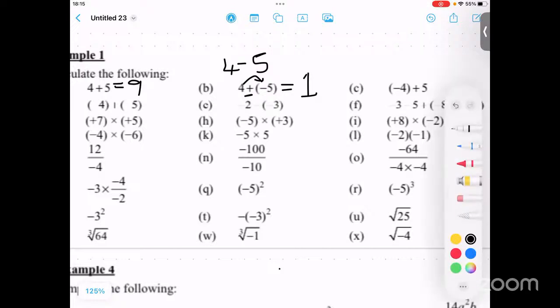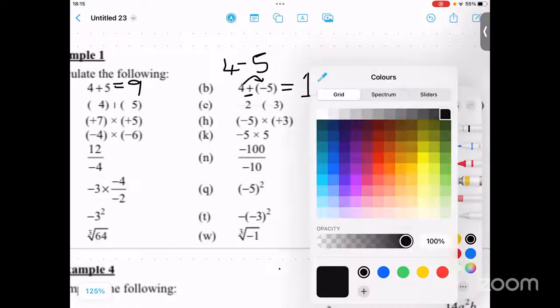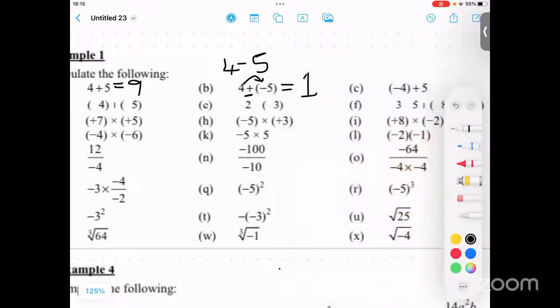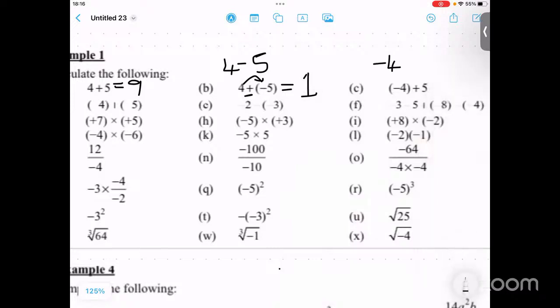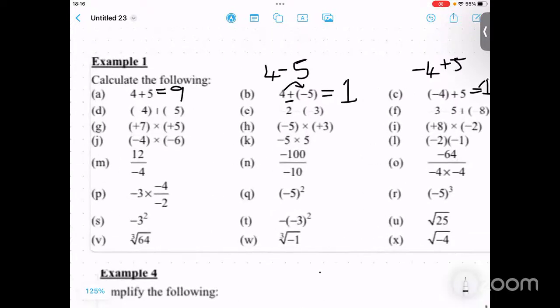Yeah, and minus 4 plus 5 equals to 1. Okay. Do we have somebody who's disagreeing? No. Okay, cool.